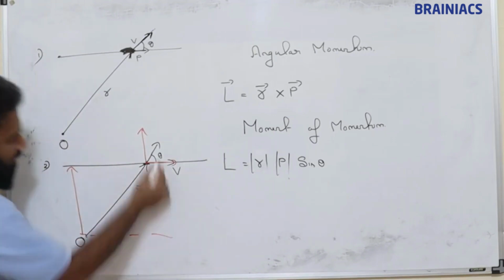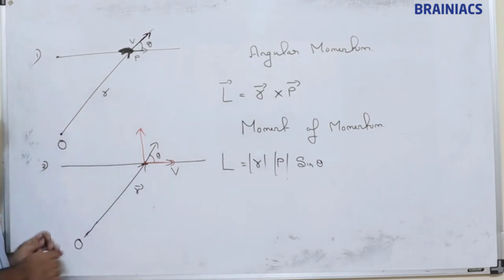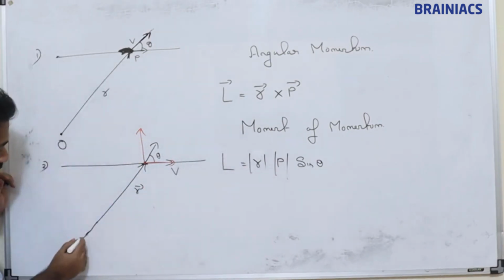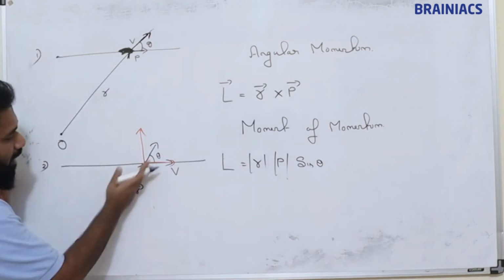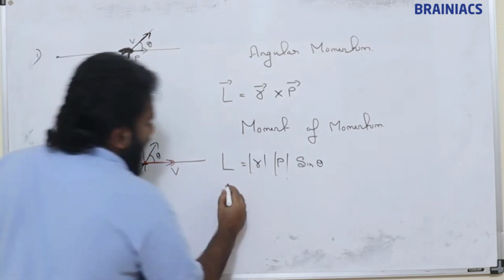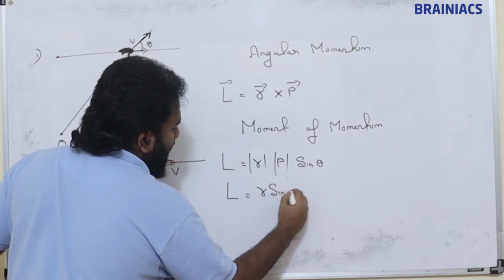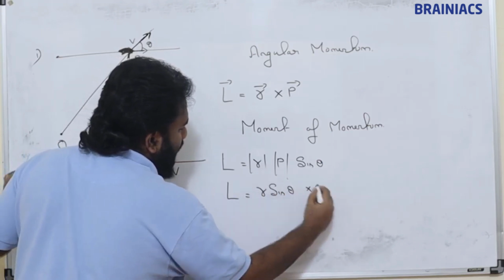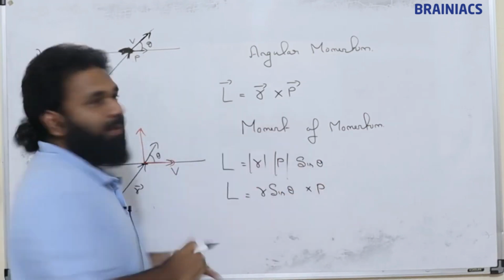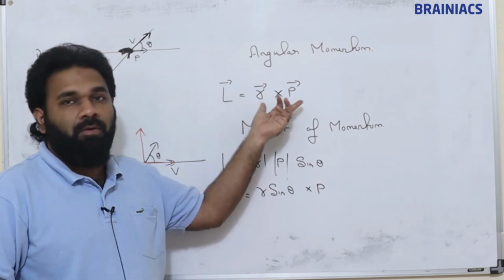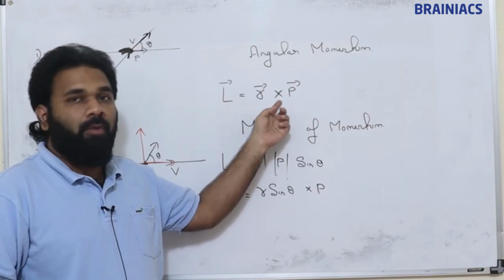So this theta is what? In order to get this from the origin or from the point of observation, if r is the distance, we can take r sine theta into p. See, r cross p, we cannot change the order because this is a cross product.